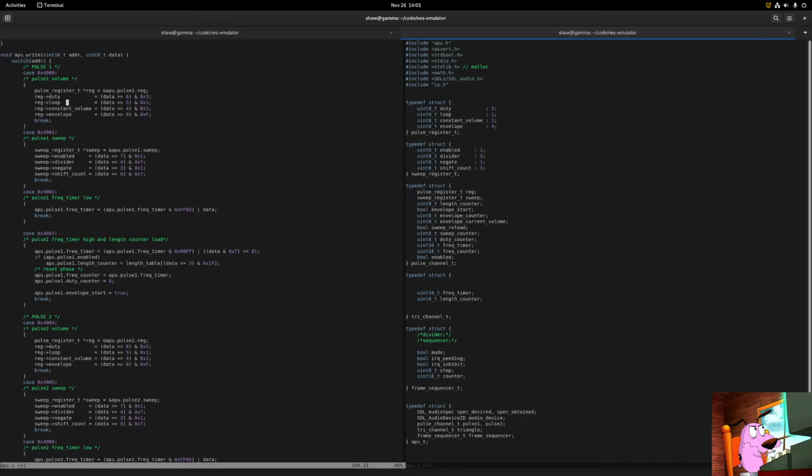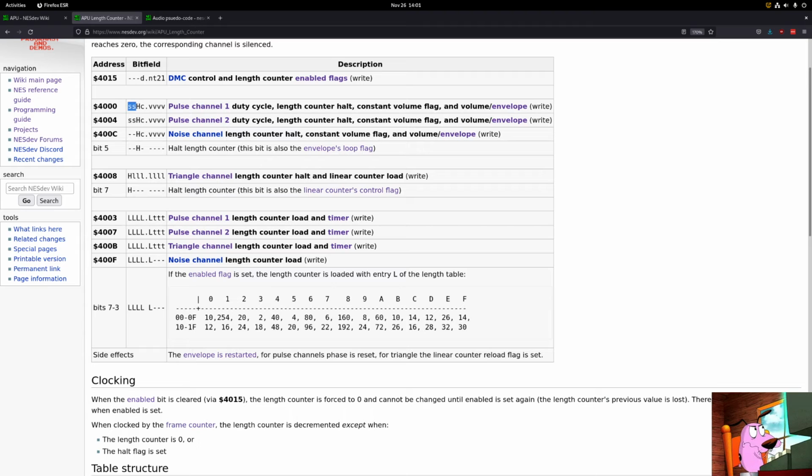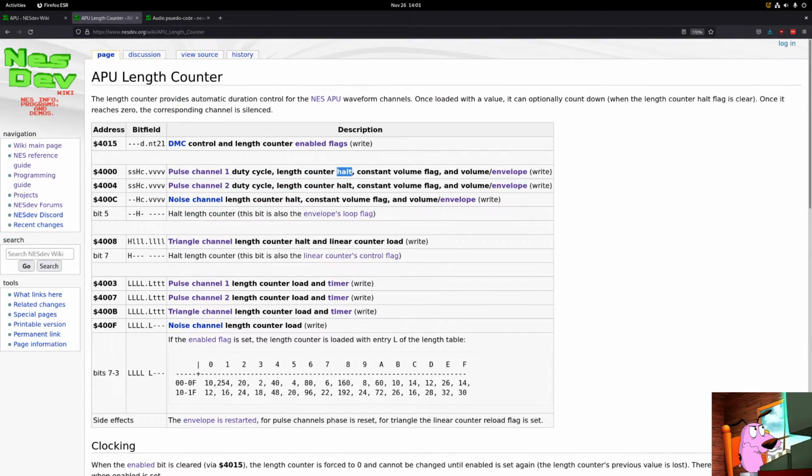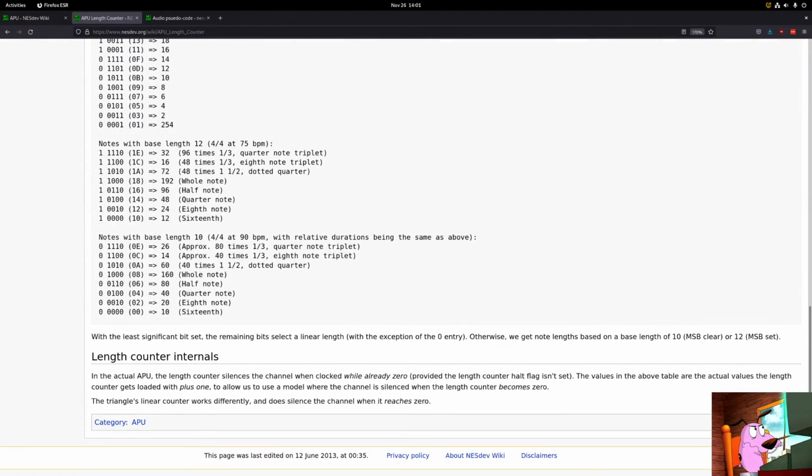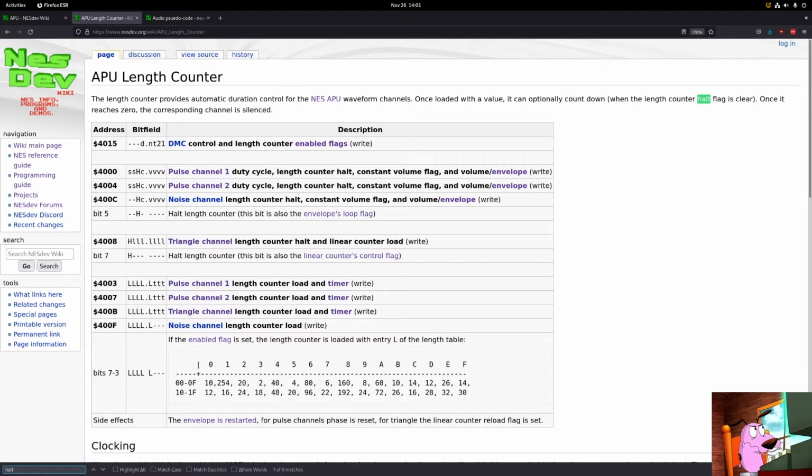Then loop. I call it loop. Halt length counter.